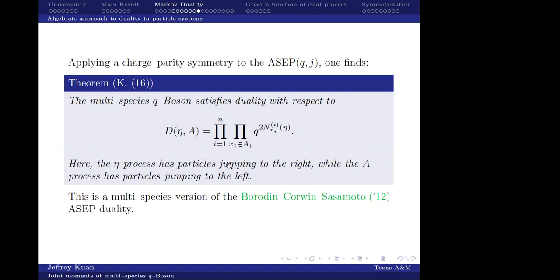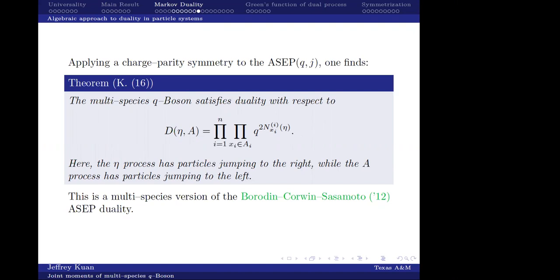So now eta has particles jumping to the right and A has particles jumping to the left. And you just get a product of, yeah, so these are actually just the Q moments, the relevant statistic that I mentioned before. So this duality function is just the Q moments of the multi-species Q boson. And it's a multi-species version of a duality that occurred before.